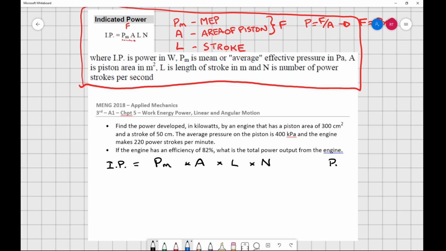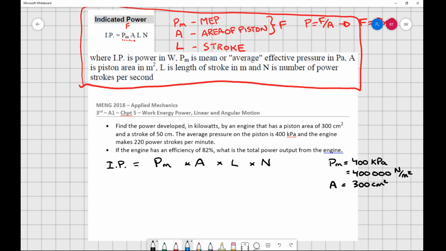All right, so PM is going to be equal to 400 kPa, and I want to make sure that these are all in my base units, so 400 pascals, which is a Newton per meter squared, 400,000. My area is equal to 300 centimeters squared, and I've got to be careful. Centimeters squared is a real trap.